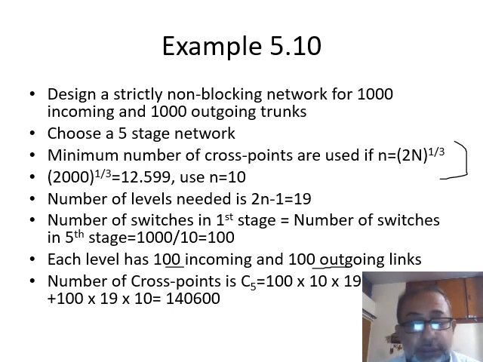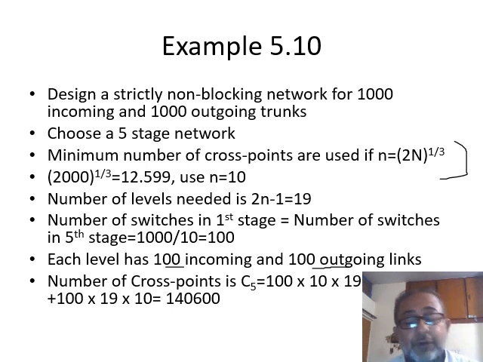Actually, we are talking about that secondary part, but we replaced that switch with a three stage level, and in each level we have 100 incoming and 100 outgoing links, because each level is connected to all the primary switches, and the number of primary switches is 100, which means that we have got 100 links on the primary side.